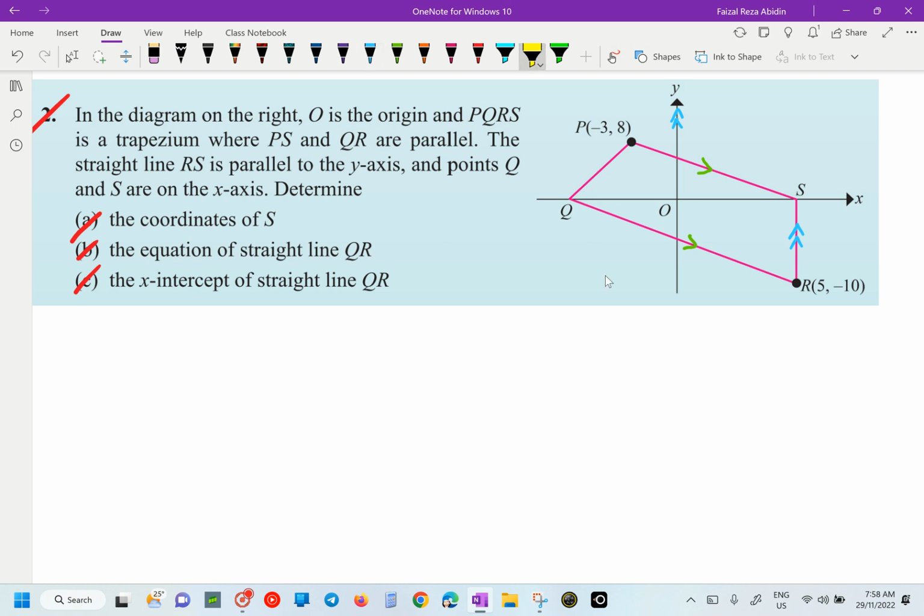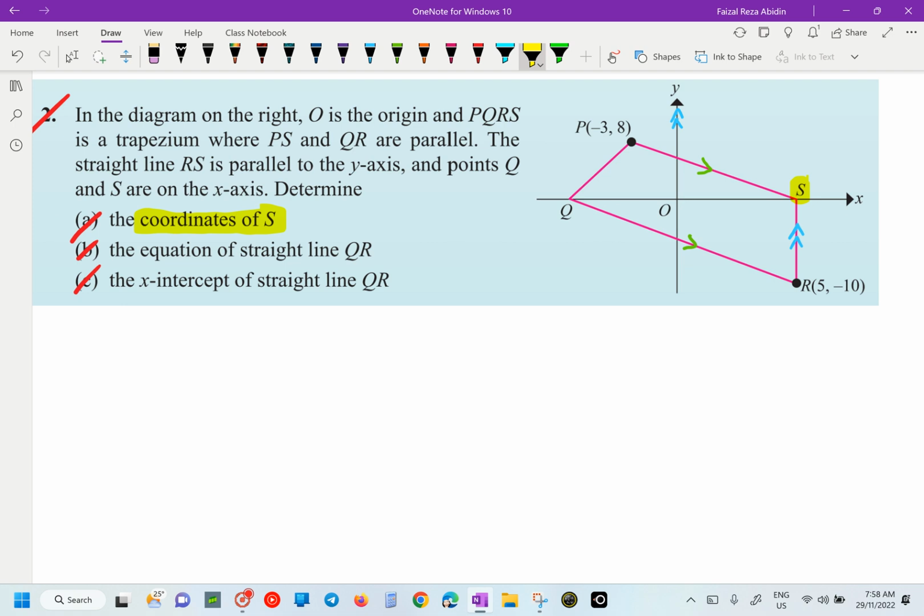Where is our S? Here. So how do we find the coordinate of S? 50. Come again? 50. How did you know 50? Because the question says RS is parallel to the y-axis, so their x is the same. And then S is lying on the x-axis, so their y is 0. Yeah.